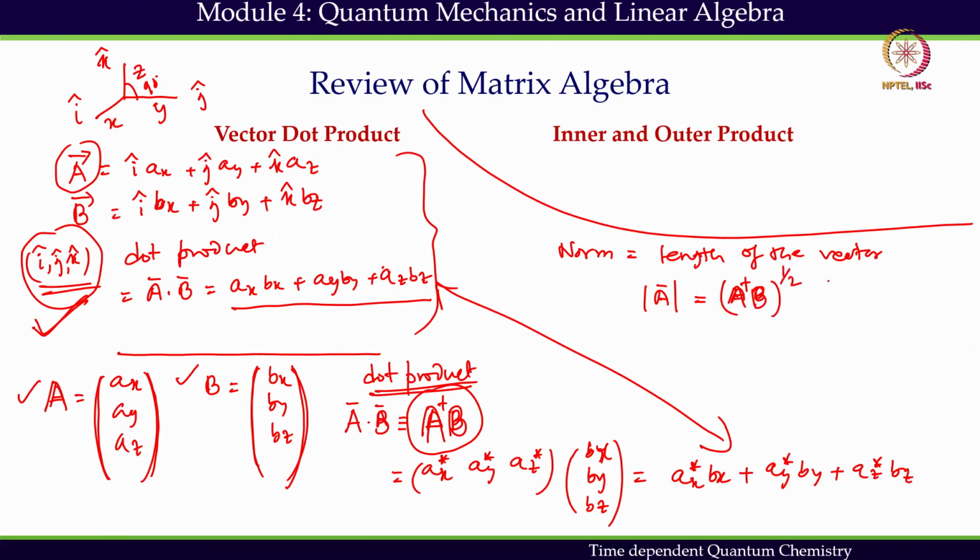That is the norm, which is nothing but the square root of Ax square plus Ay square plus Az square. That is the way the norm would be represented in the matrix form.